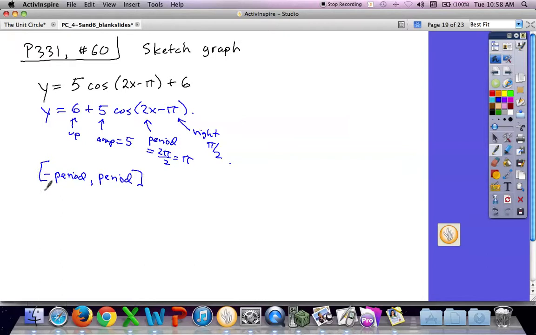And then the y's will go from the minimum to the max. So this is for the x's, this is for the y's, when you set the window. Well, we did the period. That we've got right away. The period is pi. So we're going to set it from negative pi to pi.